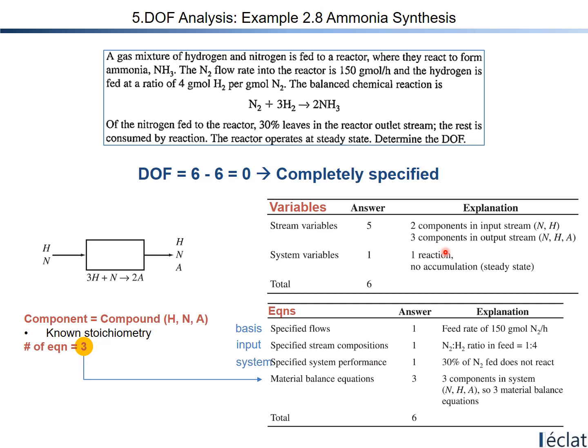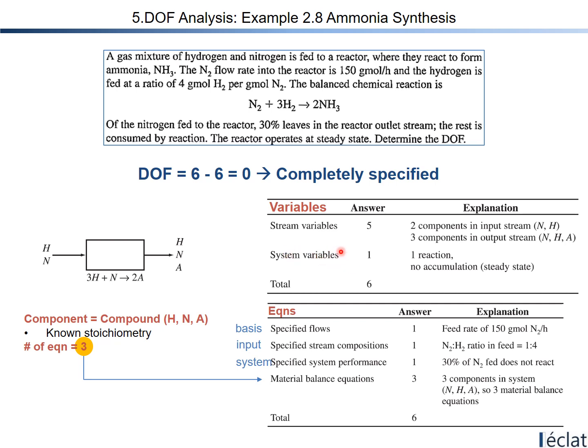However, in the textbook method, the chemical reaction equation itself is considered as the system variables. Just follow the textbook as of now, but I'll explain about that in the following slides.